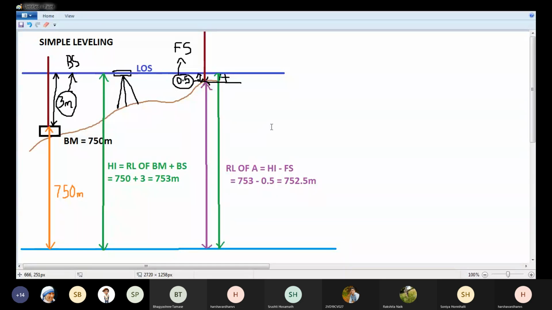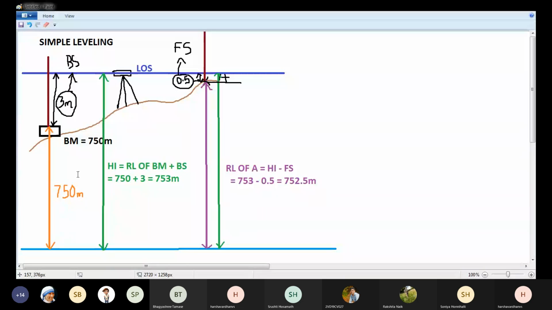So, simple leveling, the points are nearby. We'll set the instrument in the center of these points, in between these points, and we'll take the staff readings on these 2 points and find the RL of a point, or you can also find the difference in elevation between these 2 points.